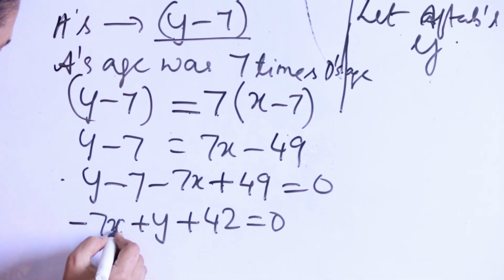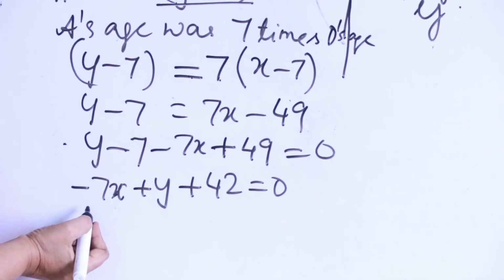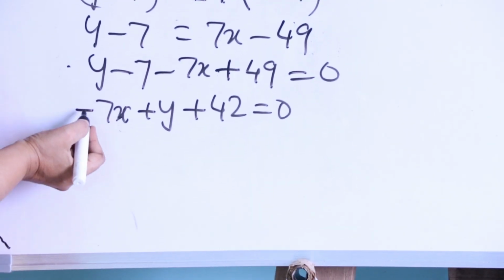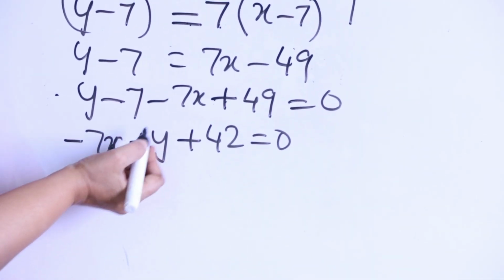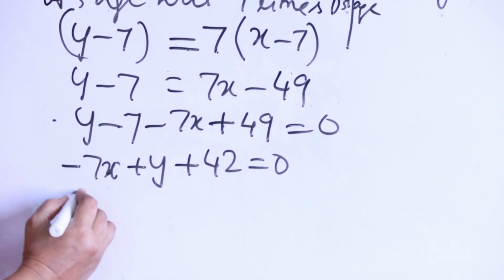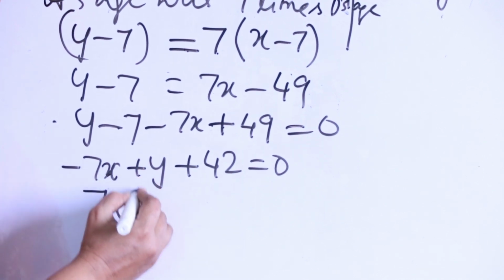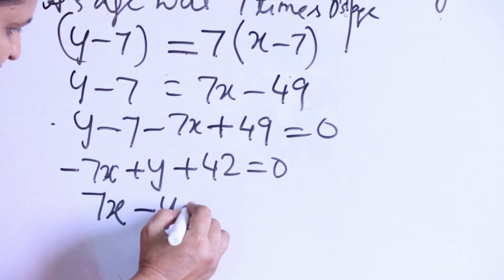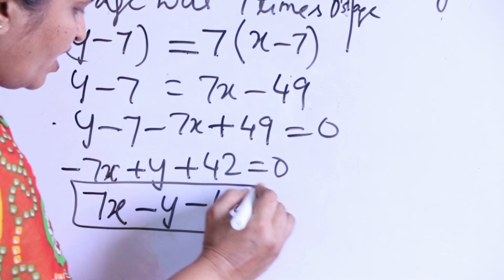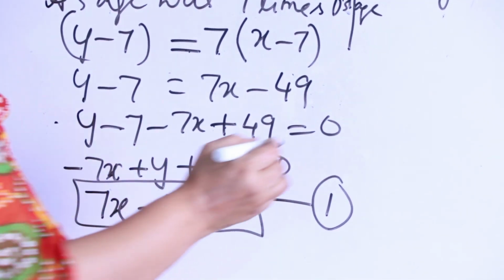Yes. If you are not comfortable with a negative sign for the first term, you can change this as plus, but when you change this as plus, whatever is on the other side, you should change it too. If you are making this plus, you can rewrite this as plus 7x, make this minus y, make this minus 42. This is what? Equation 1. One equation is ready.